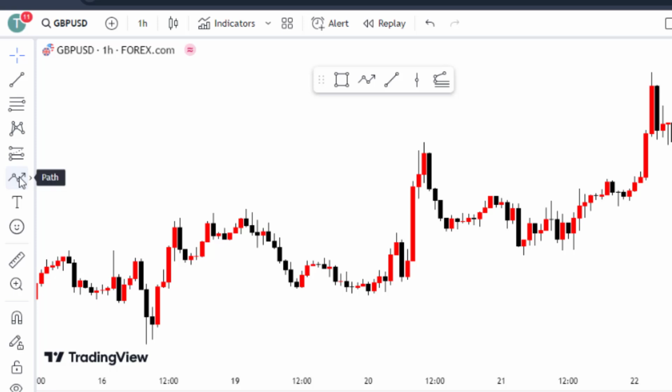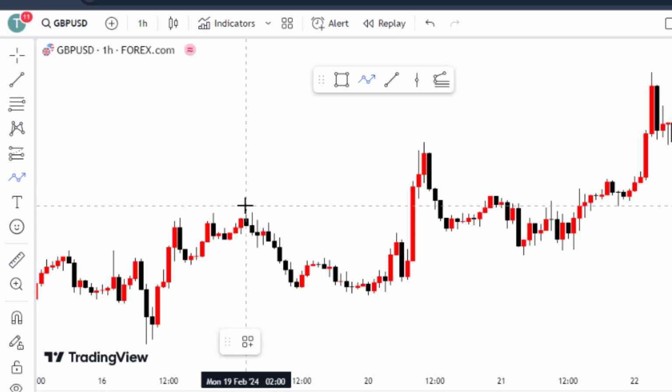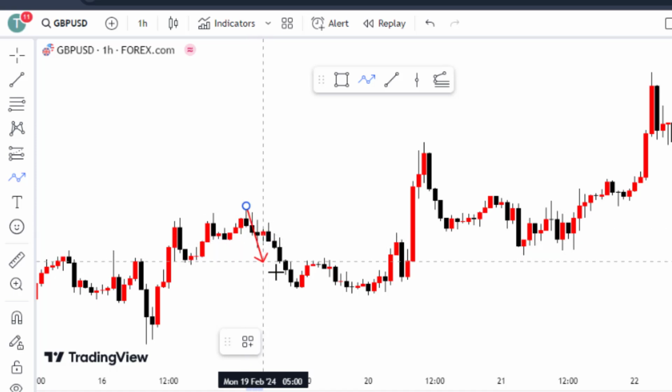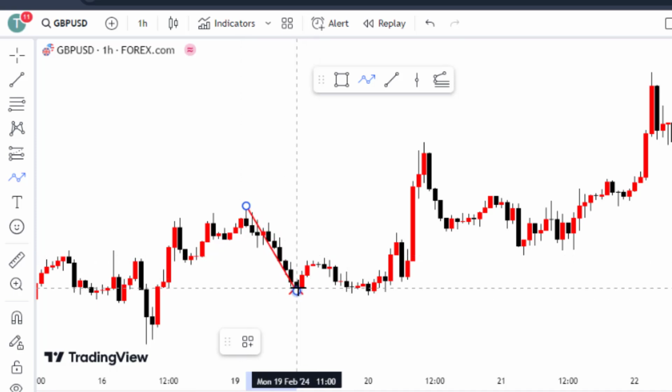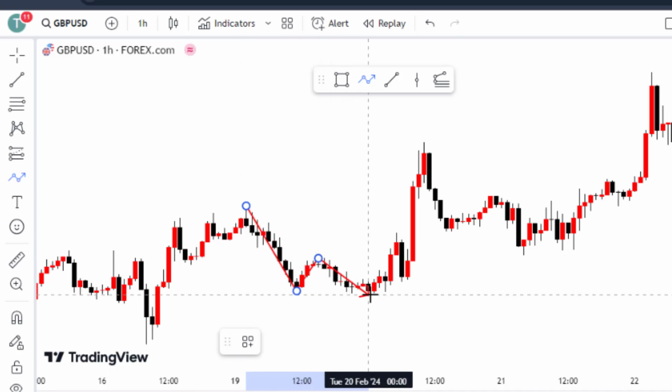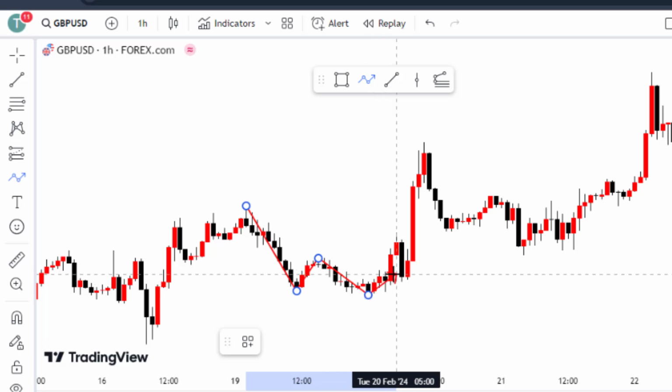So let's continue. When price creates a series of short-term highs, what do you see? You notice that price also creates a short-term low. Price creates a short-term high, price creates a short-term low. What happened in this instance?